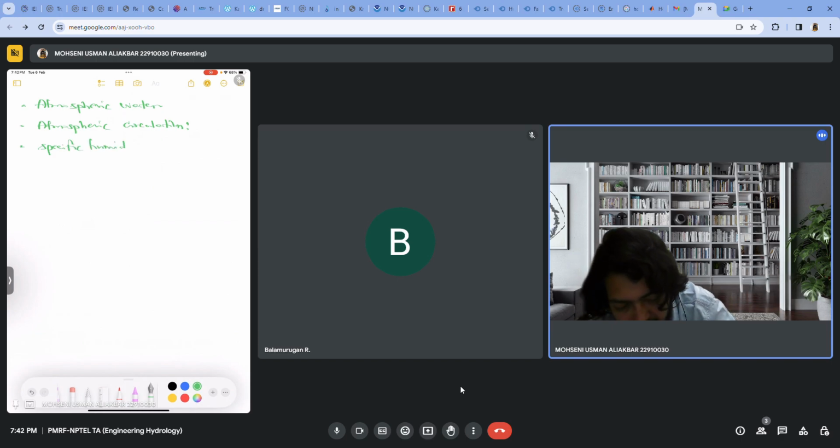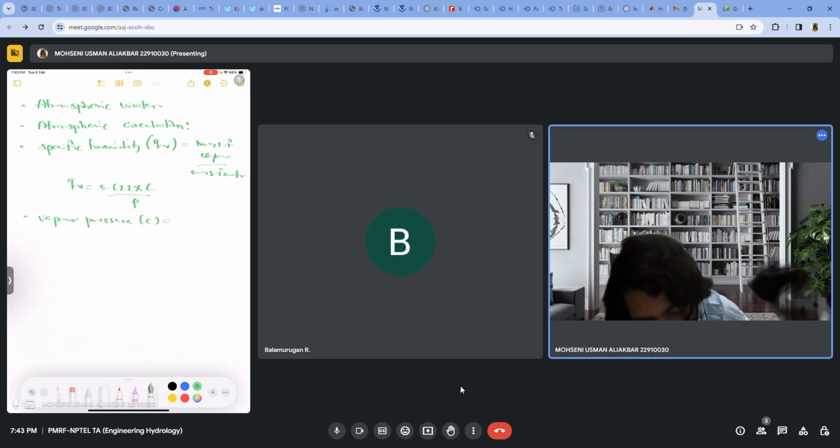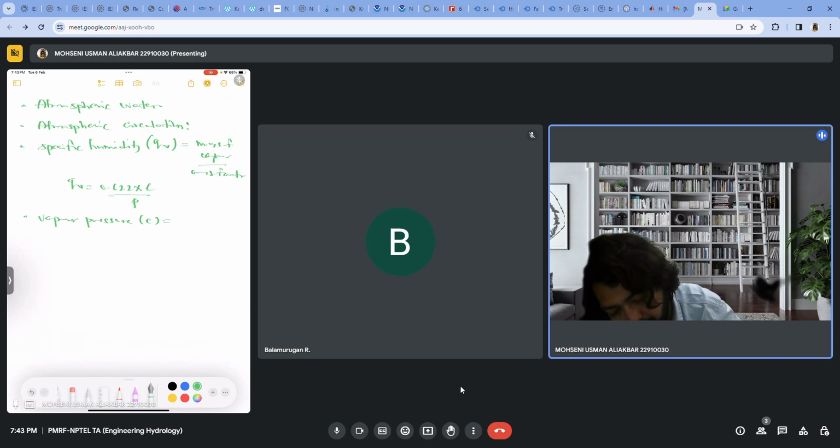We know the notation so far, it's Qv, and specific humidity is the mass of vapor divided by mass of water, and we can use the equation 0.622 into vapor pressure divided by atmospheric pressure. Then we talked about vapor pressure, small e, and we know that the pressure exerted by the moisture in the atmosphere is nothing but vapor pressure, small e.